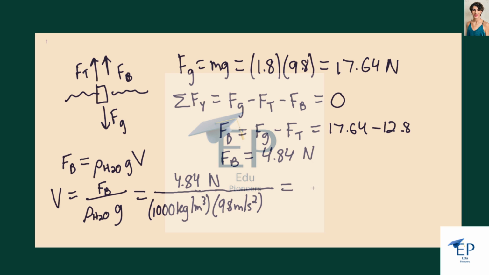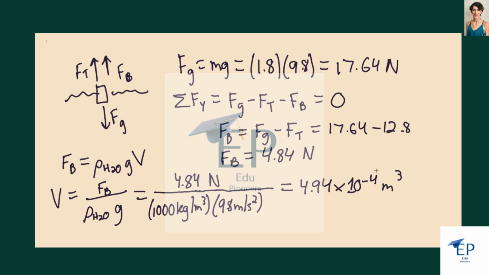This is going to equal 4.94 times 10 to the negative fourth meters cubed. At this point, we find the volume of whatever liquid this rock is being submerged in.